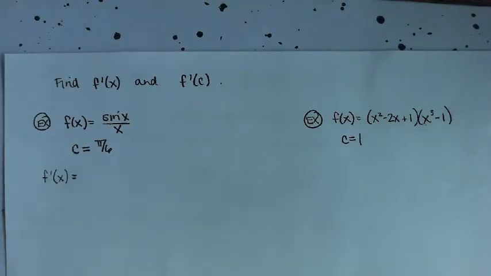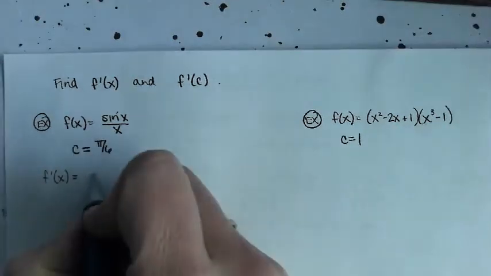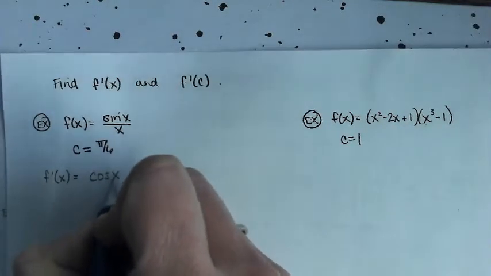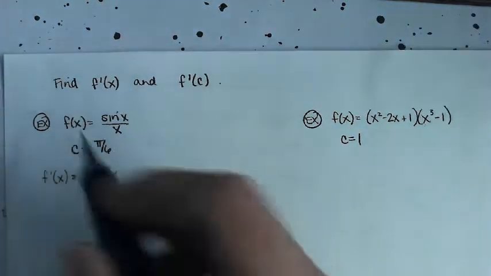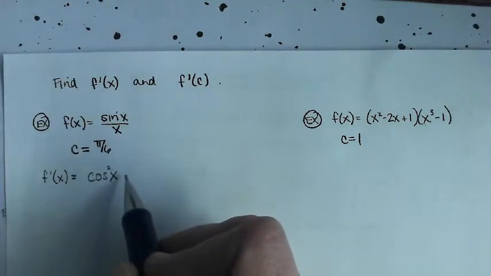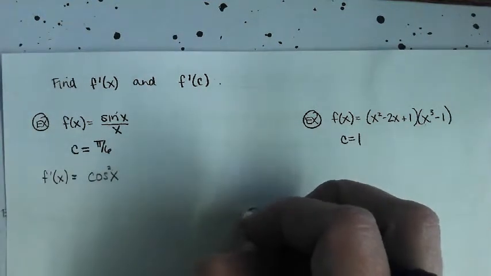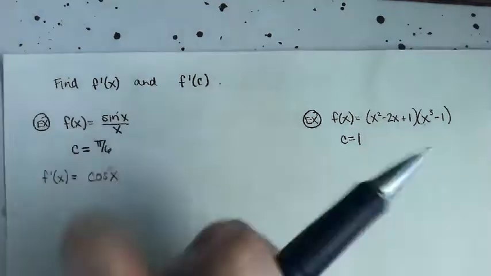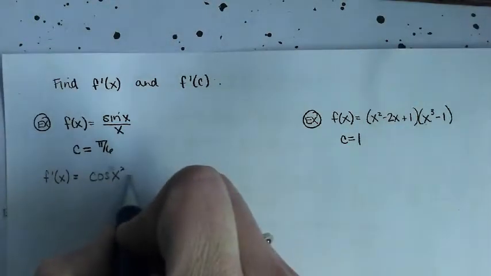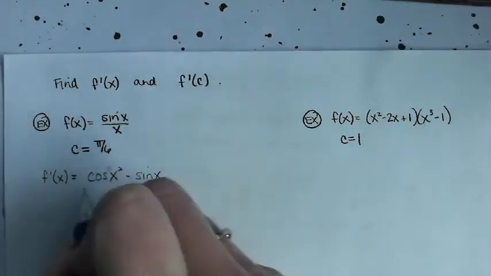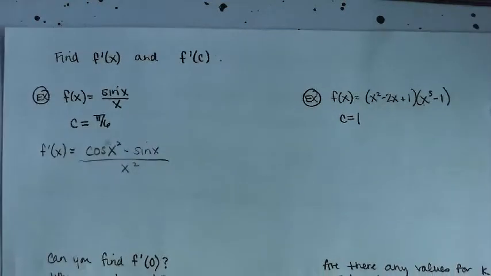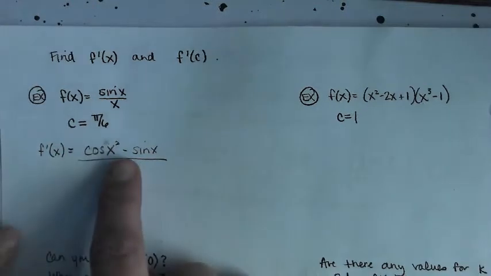Did you get there? Cosine squared x. So the x is squared or the cosine is squared? And then what? Anybody have anything different? Winter? So you didn't have the squared part.